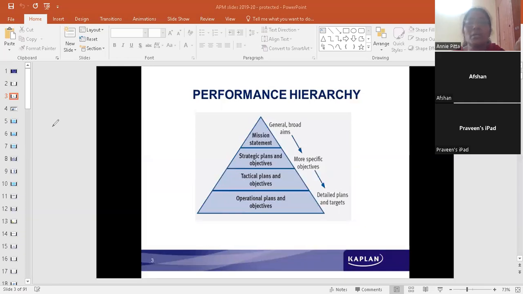Be it a profit-seeking or not-for-profit organization, there would be some purpose behind establishing it. The purpose is defined in the mission statement. So the mission explains why this organization is established, what they want to achieve. We can put this as desired performance.